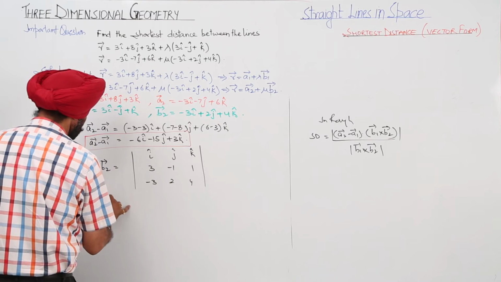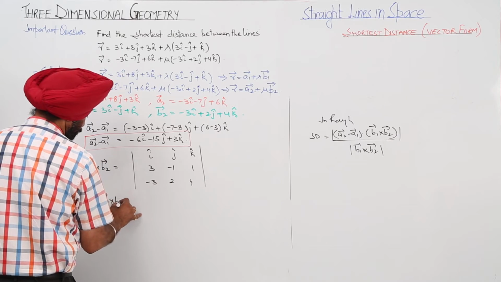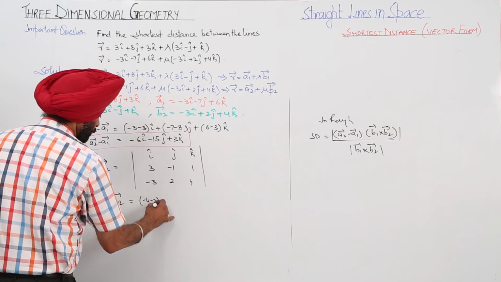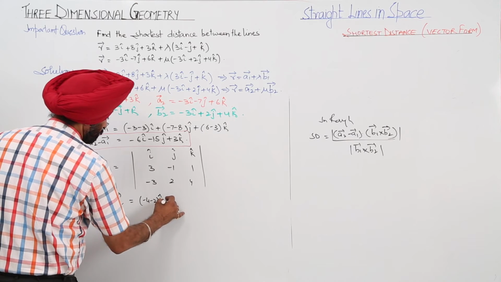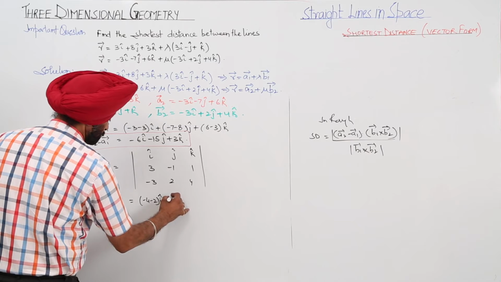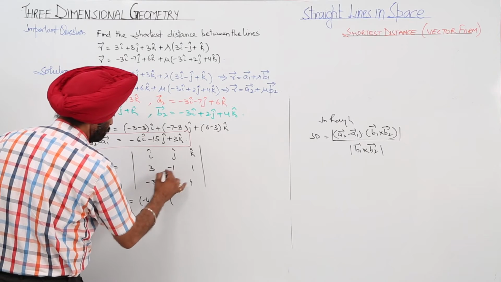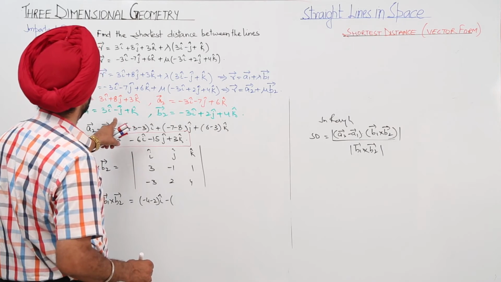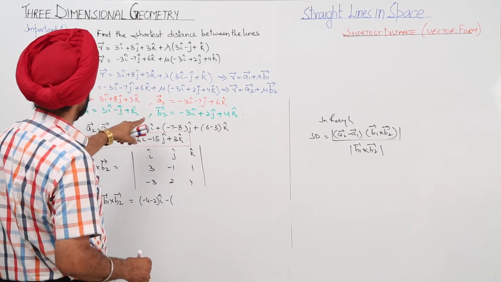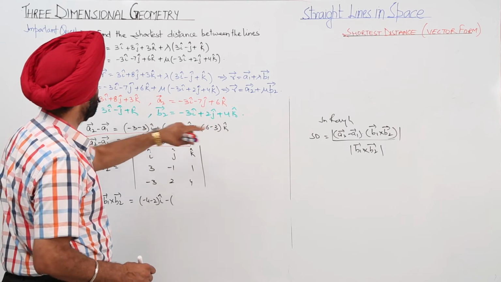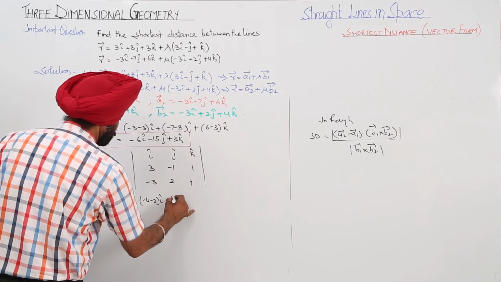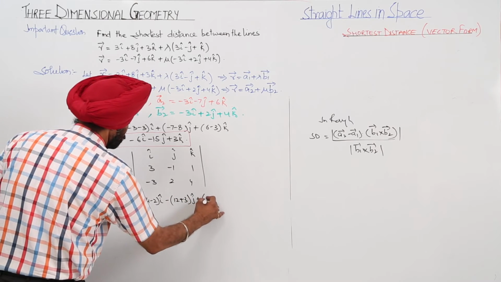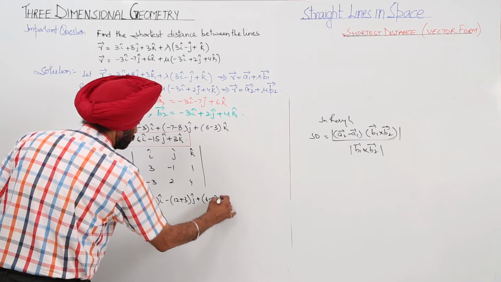Now vector b1 cross vector b2 is equal to, now evaluating, we are having minus 4 minus 2 with i cap minus, it is 3 times 4 minus 1 times minus 3, so 12 plus 3 with j cap plus 6 minus 3 with k cap.